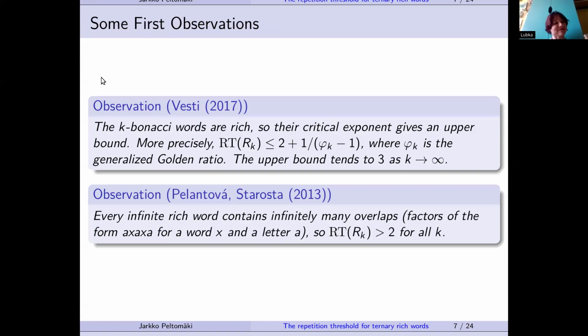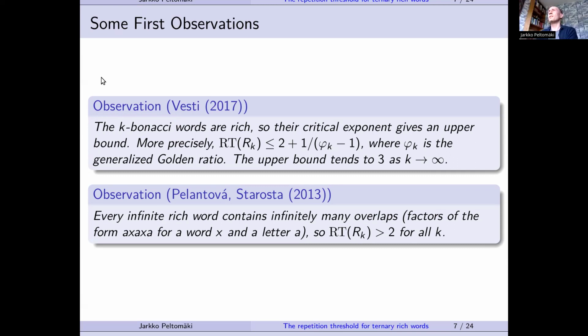But when looking at their paper, I could see that at that time, the term critical exponent was used for what we call now the asymptotic critical exponent. Oh, really? Yeah, really.